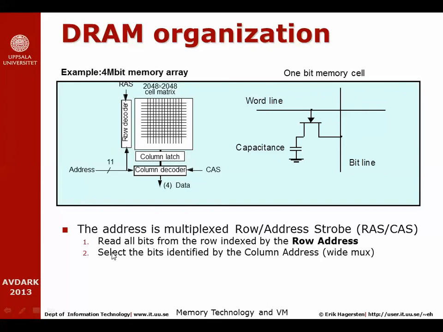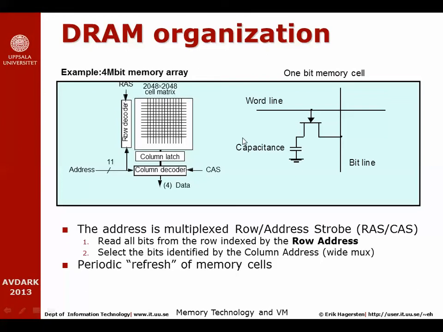And as a second phase of this access, we will supply the second half of the address, also 11 bits, and they are used to select the data that we're interested in out of those 2K bits. So this is sort of like a very wide multiplexer that's controlled by those bits.